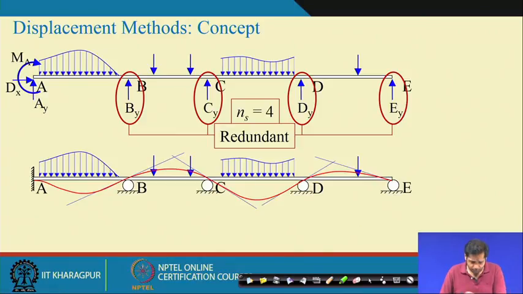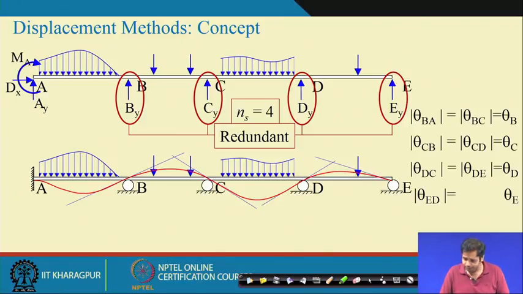Let us take the slope at various joints B, C and D and E. Suppose theta BA is the slope at B in segment BA, and theta BC is the slope at B in segment BC. Similarly, theta CB is this and this is theta CD.